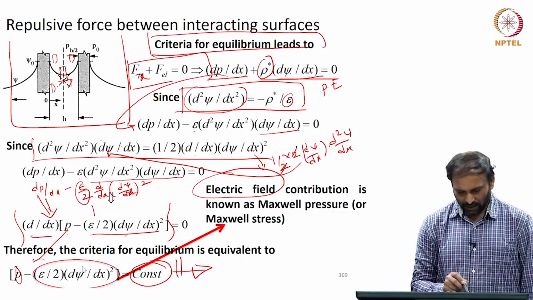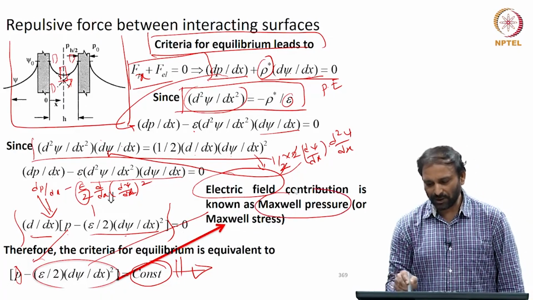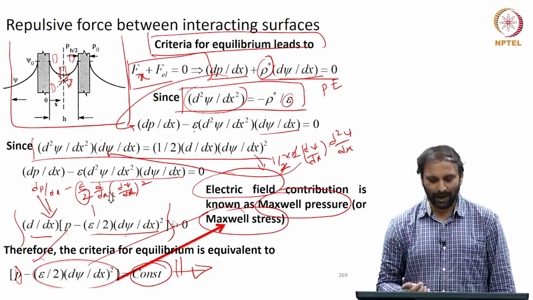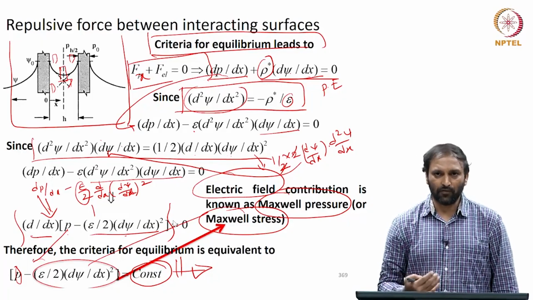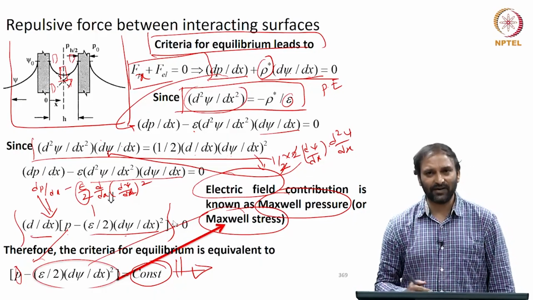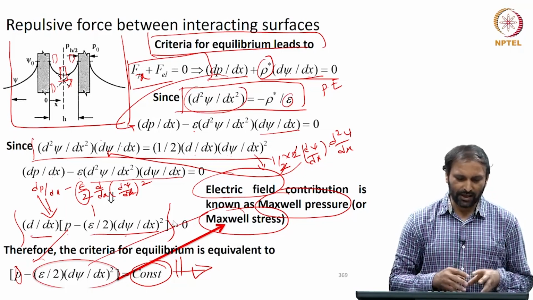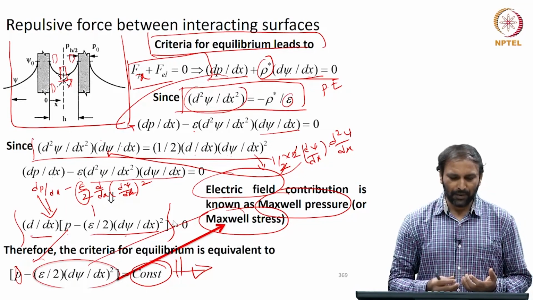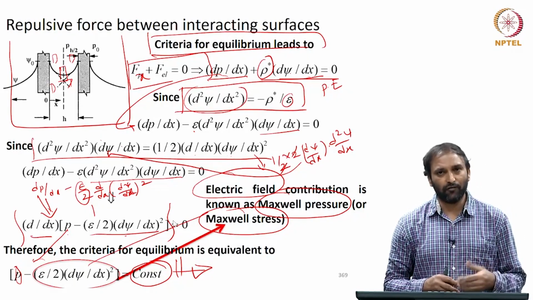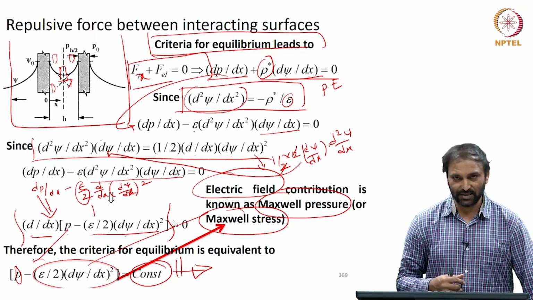The electric field contribution to the pressure is what is called Maxwell's pressure or the Maxwell stress, which comes into the picture whenever you have flow, or maybe a flow coupled with electric field effects in the solution, or any case where the pressure contribution comes from things like osmotic pressure or flow, and there is a coupled effect along with the electric field present in the system.